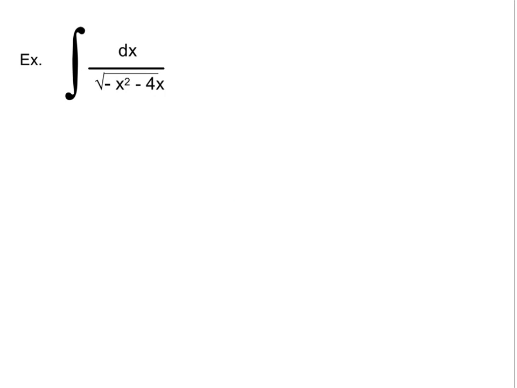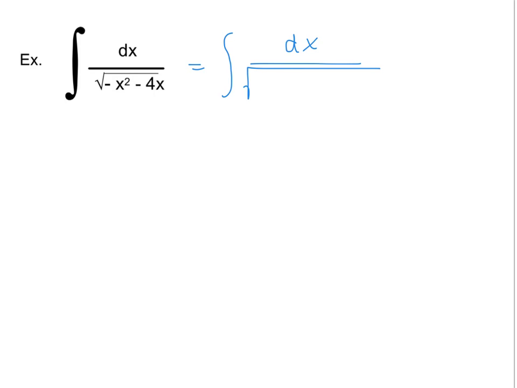Okay, so this is still a completing the square problem. And so let's go ahead and rewrite this. So if I have the square root in the denominator, then it is sine. Arc sine is what I'm after. And so I'm going to write the square root symbol, and I'm going to move things around a bit.